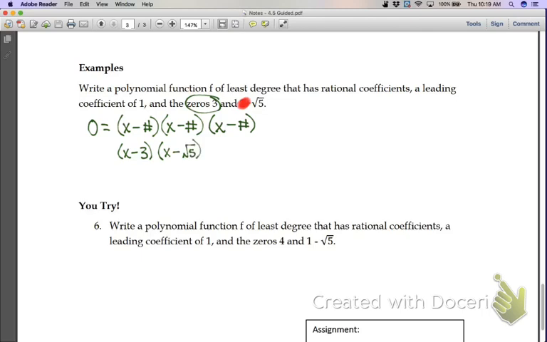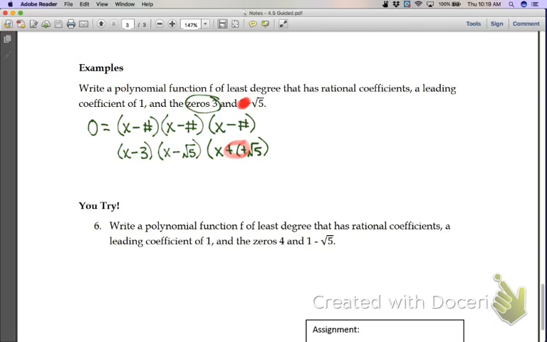Let's have that there. Now, what do you know about all square roots? They always have a positive and a negative. So if I have x minus a negative square root of 5, what do these two negatives actually do? It turns it into the positive that we have.